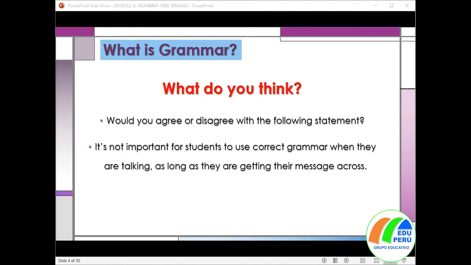Maybe you cannot speak or understand. At the beginning, it's going to be so hard. Maybe through time this person could acquire the language naturally because of the context. But at the beginning, if the person doesn't know anything about the language, they are not going to communicate with other people.